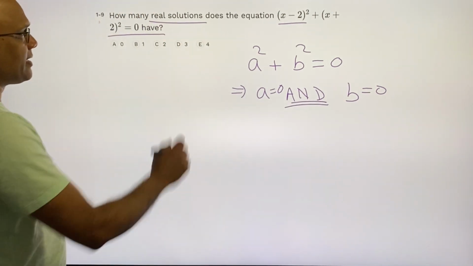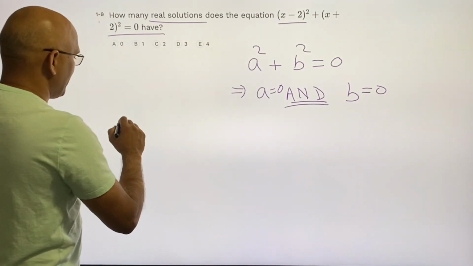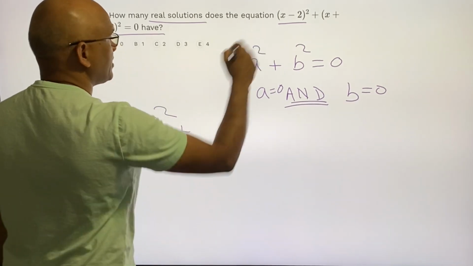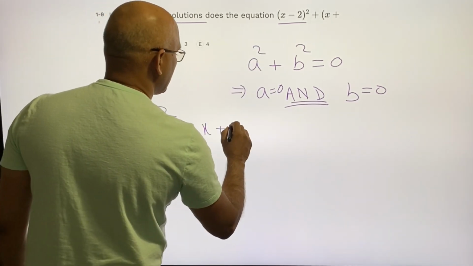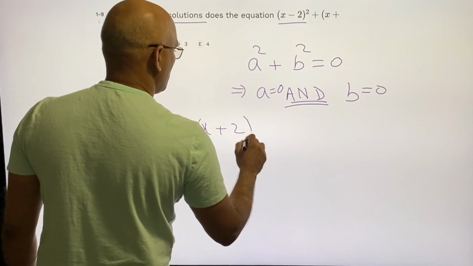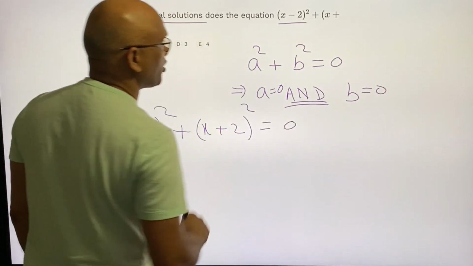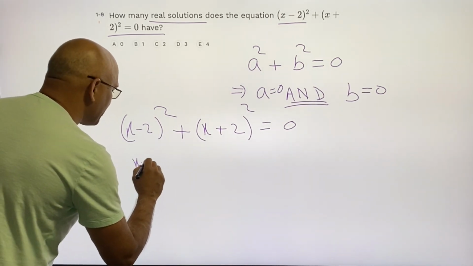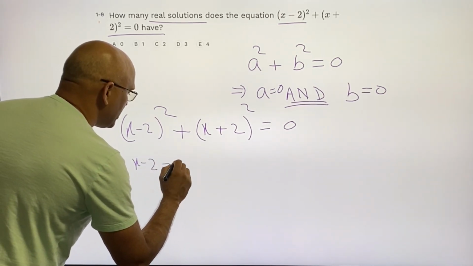So in this case, it is x minus 2 square plus x plus 2 square is equal to 0. This is what is given to us. That means x minus 2 is equal to 0.